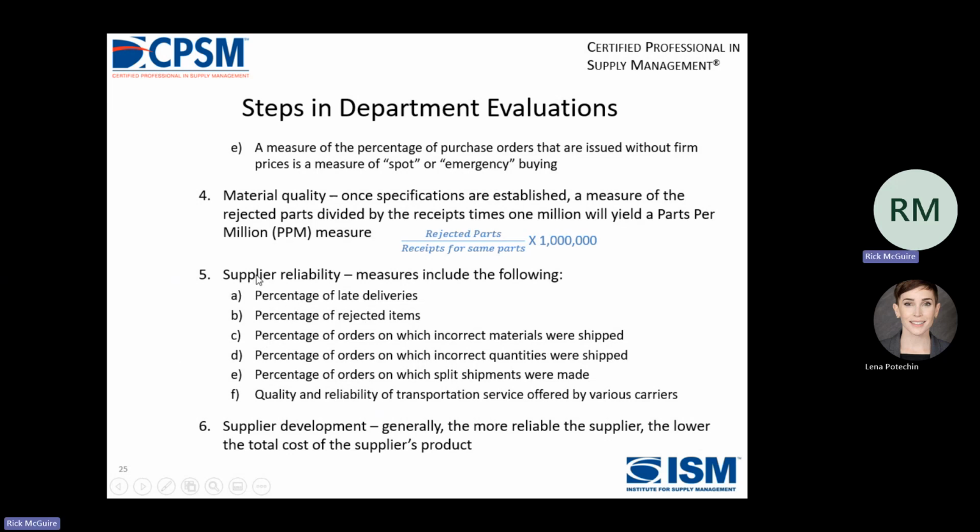Supplier reliability measures include things like late deliveries, rejected items, incorrect materials shipped, incorrect quantities, orders on which split shipments were made, reliability of transportation services, etc. And supplier development, generally the more reliable the supplier, the lower the total cost of the supplier's product.